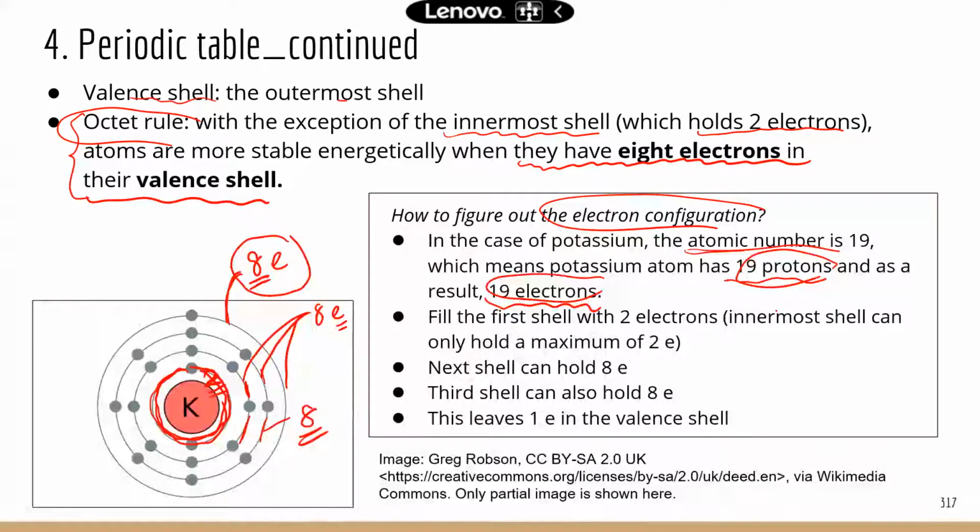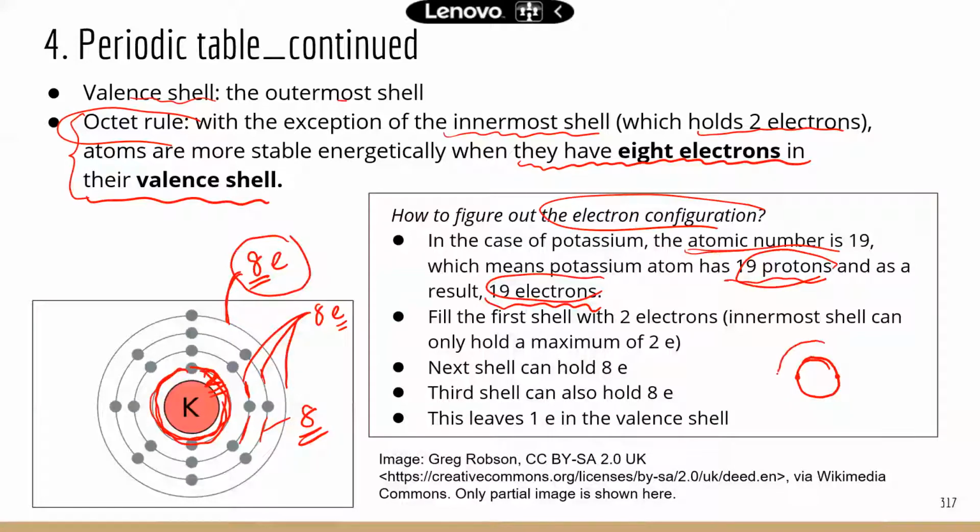So now let's fill the electron shells with these electrons. Let's do the innermost shell. The innermost shell can hold up to 2. So if you have more than 2 electrons, you can put 2 in the innermost shell. It will get to that maximum capacity.